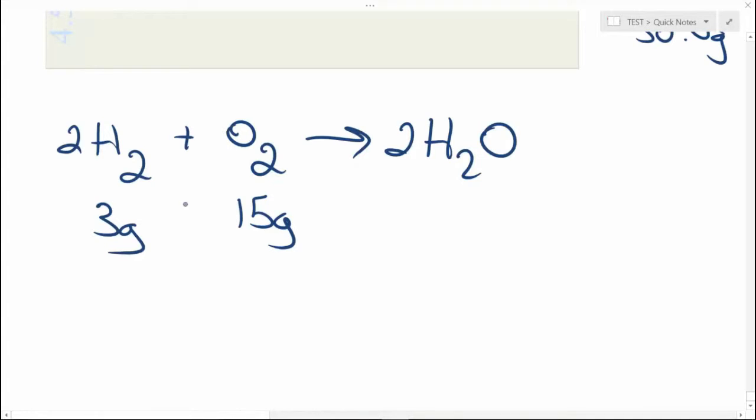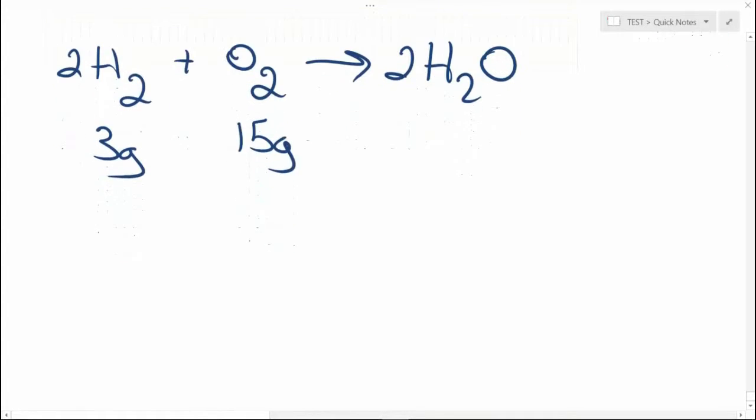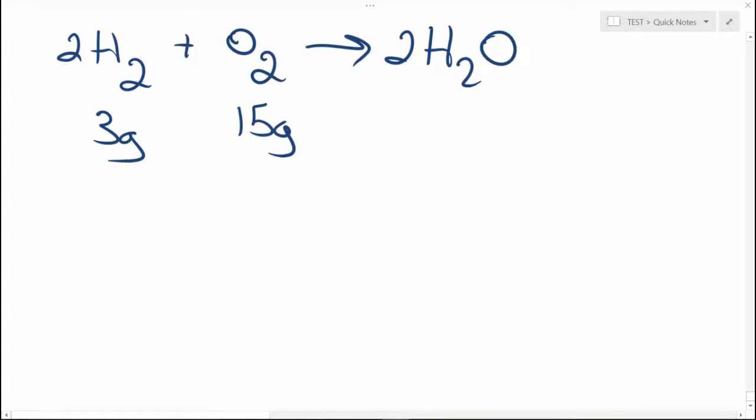Which of those is going to run out and go to 0 while there's still some left over of the other one? So this is that idea of having excess reactant or product. So the way that I would determine that is I would simply set these things to each other. I would say how many grams of hydrogen, if I have 3 grams of hydrogen, how many grams of oxygen will react with that? And that's going to tell me if I have enough oxygen or if I don't.